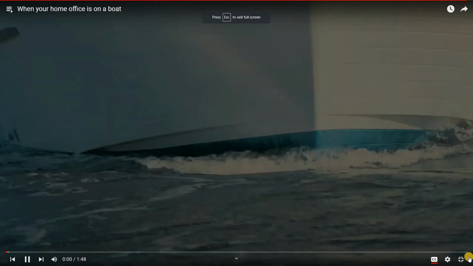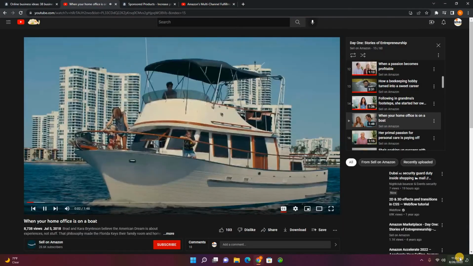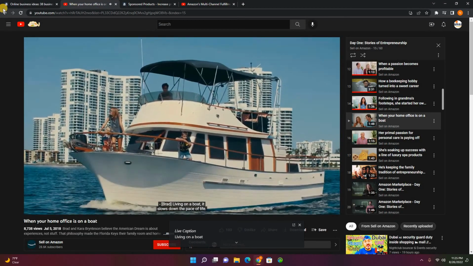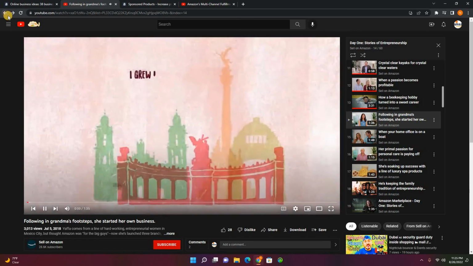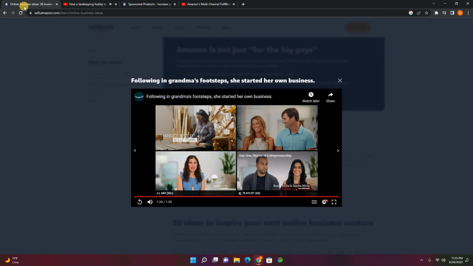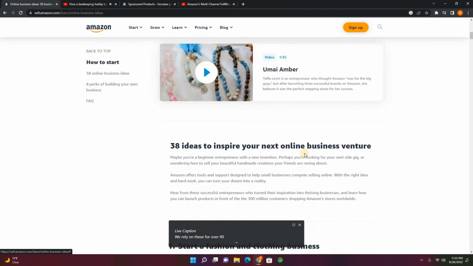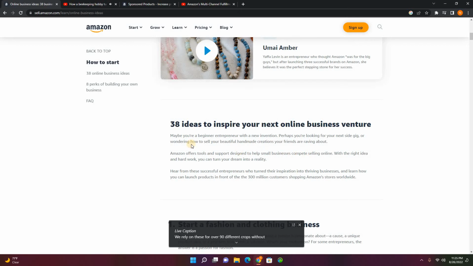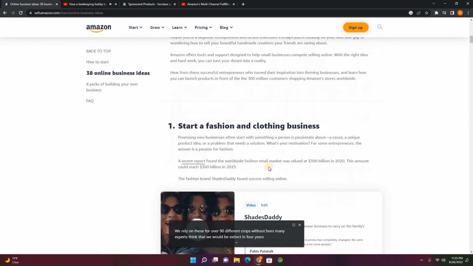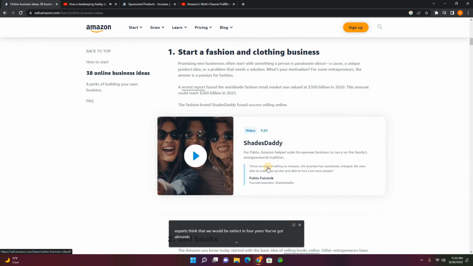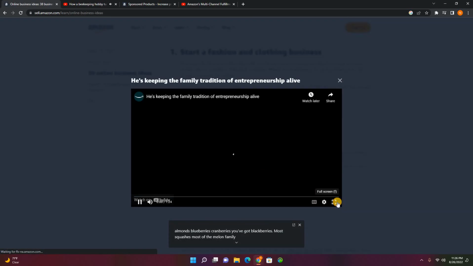Okay guys, so this was the full information which we did share with you. I grew up in Mexico City. We rely on bees for over 90 different crops. Experts think that we would be extinct in 4 years without bees. You've got almonds, blueberries, cranberries, blackberries, squashes, most of the melon family, onions.